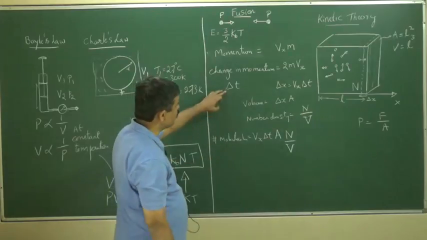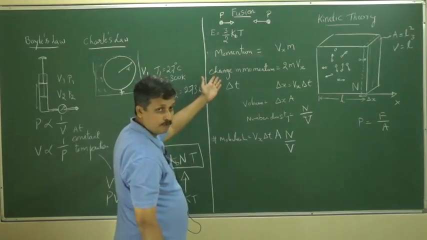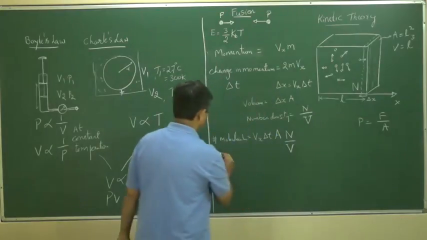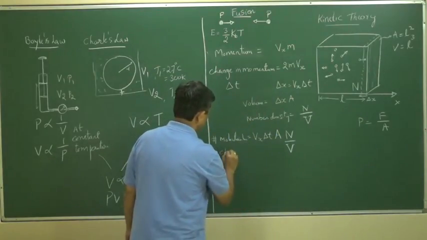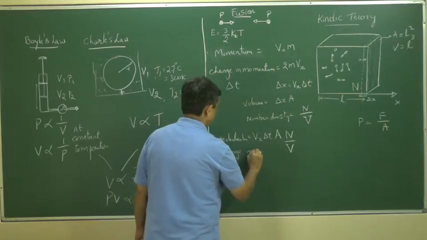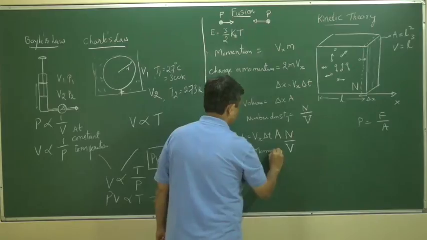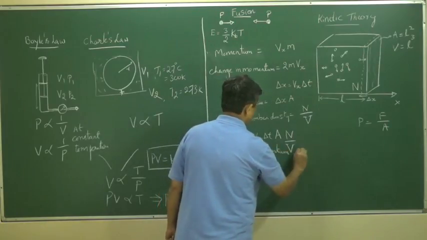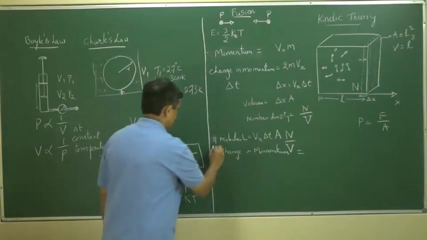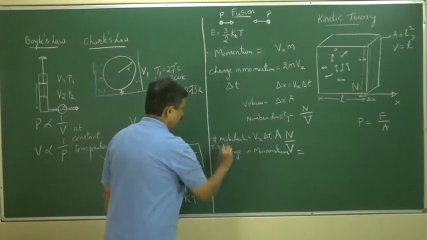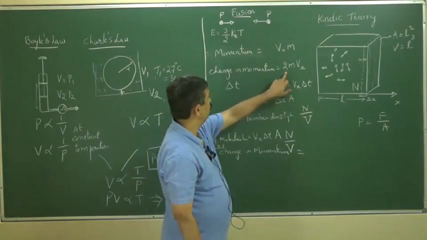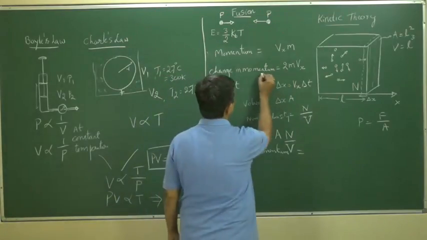So now what will happen to the total change in momentum? The change in momentum now is equal to the total number of molecules into the change in momentum per molecule.